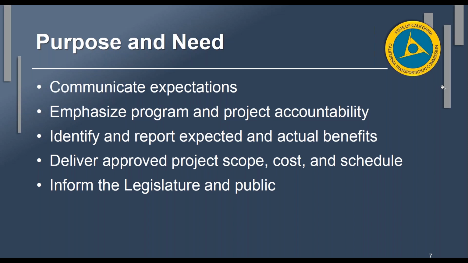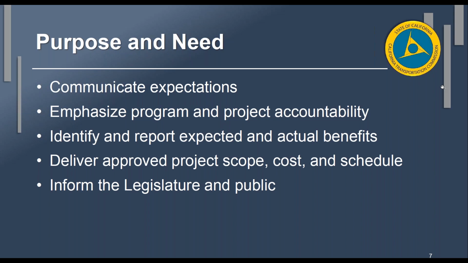So continuing on with the purpose and need, our guidelines are set up to communicate our expectations, emphasize program and project accountability, identify and report expected and actual benefits, and deliver the approved project scope, cost, and schedule. And then lastly, it's to inform the legislature and the public as to what these funds are being used for.